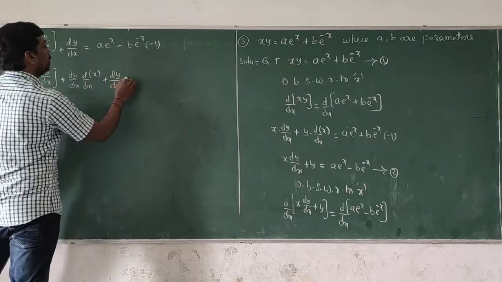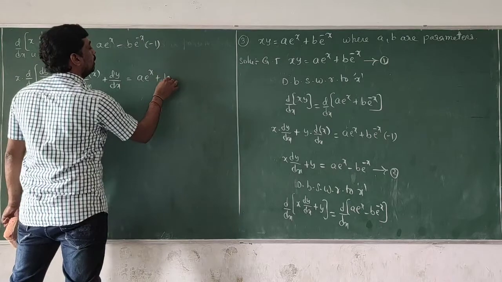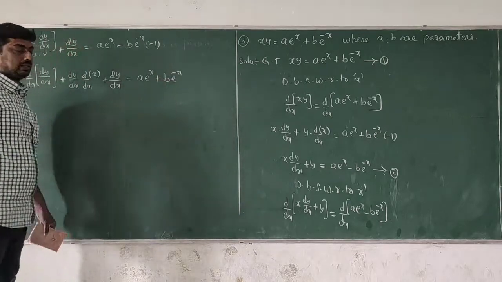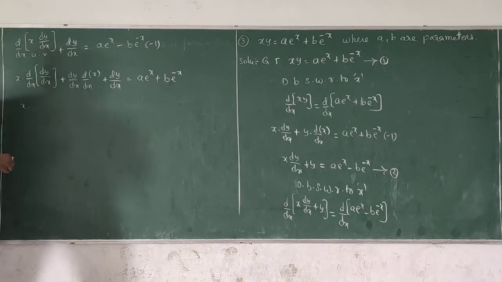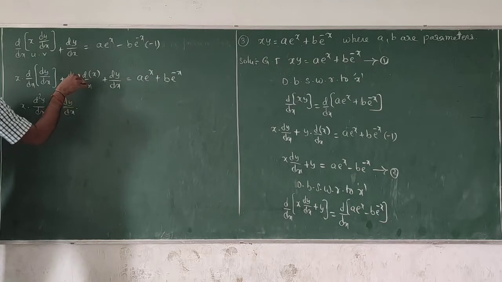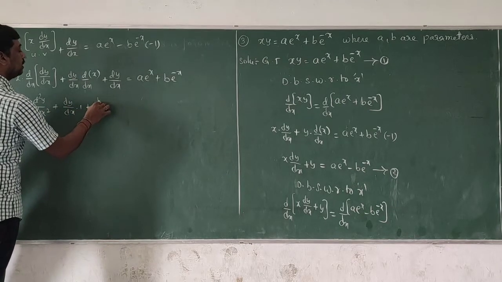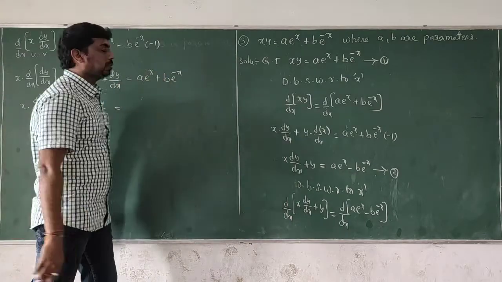Now equal to a into e power x, minus into minus, plus b into e power minus x. Now x into derivative of dy by dx can be written as d square y by dx square, plus dy by dx into derivative of x, 1, plus dy by dx equal to a into e power x plus b into e power minus x.